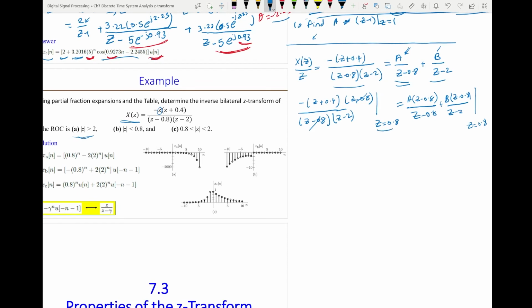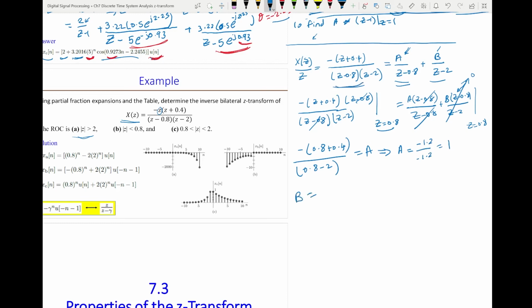Then plug for z 0.8. This will be minus 0.8. This will cancel this, and you have here A. When you plug for z 0.8, this will be 0. So from here, A equals 1.